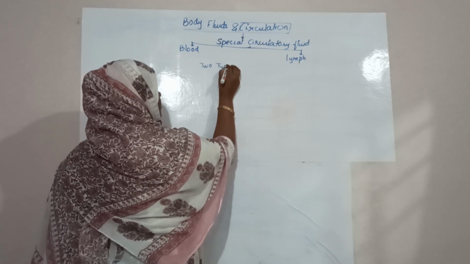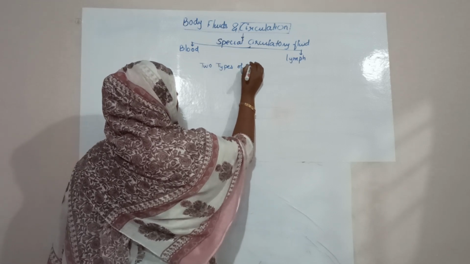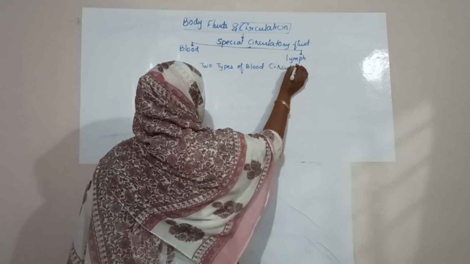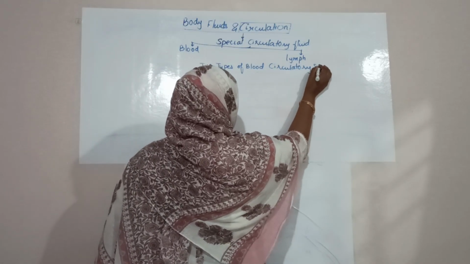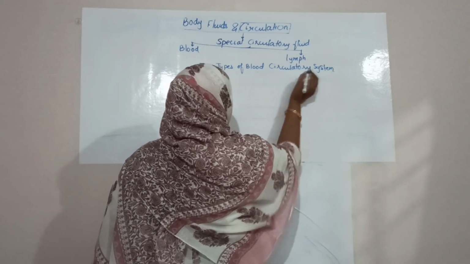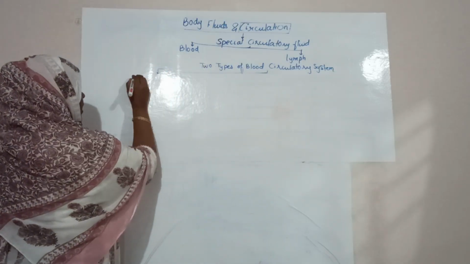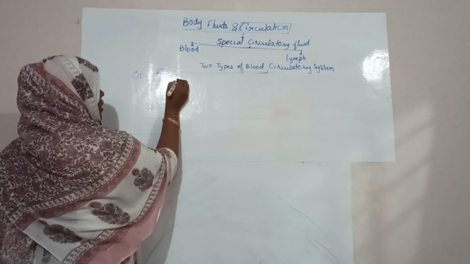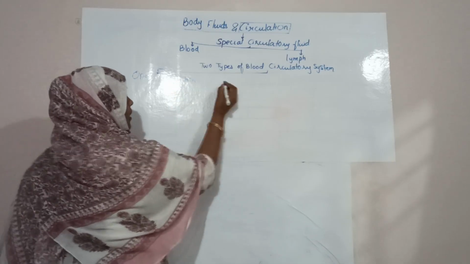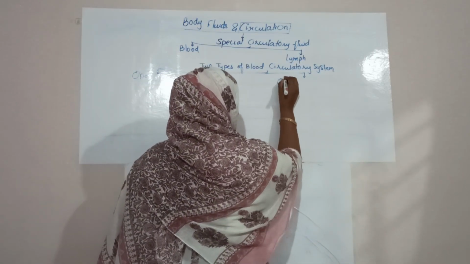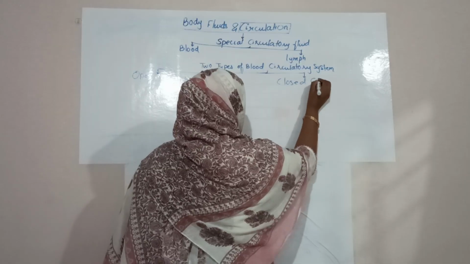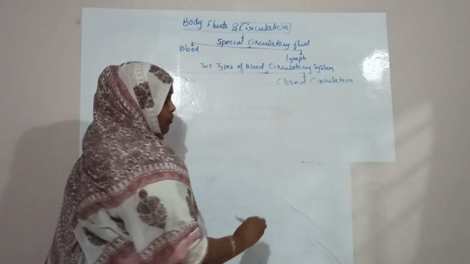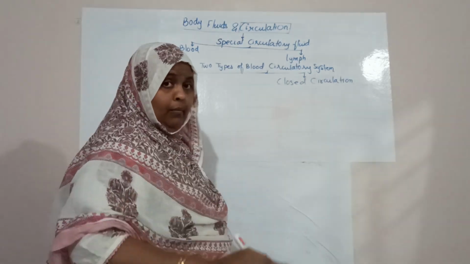Two types of blood circulatory system are present in living organisms. The first is known as open circulation, and the second is known as closed circulation. These open and closed circulation terms we also studied in Kingdom Animalia.